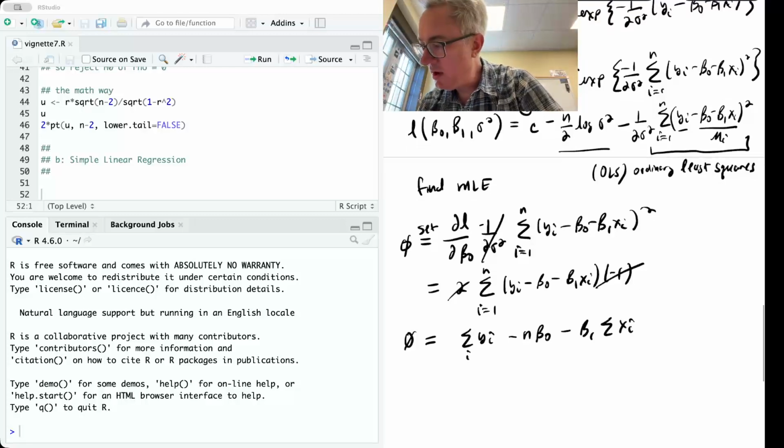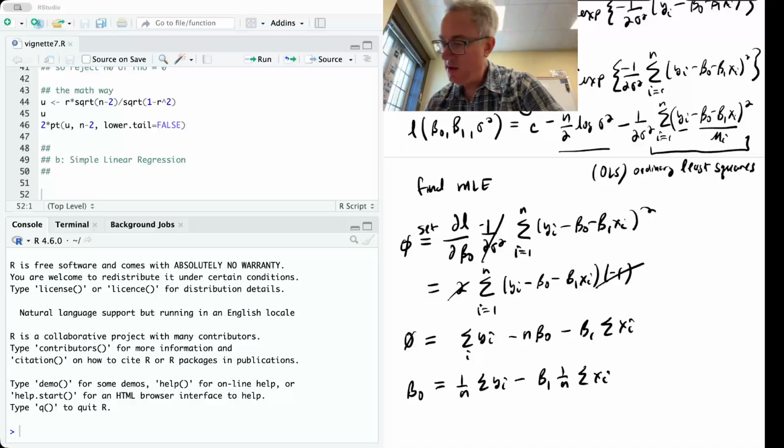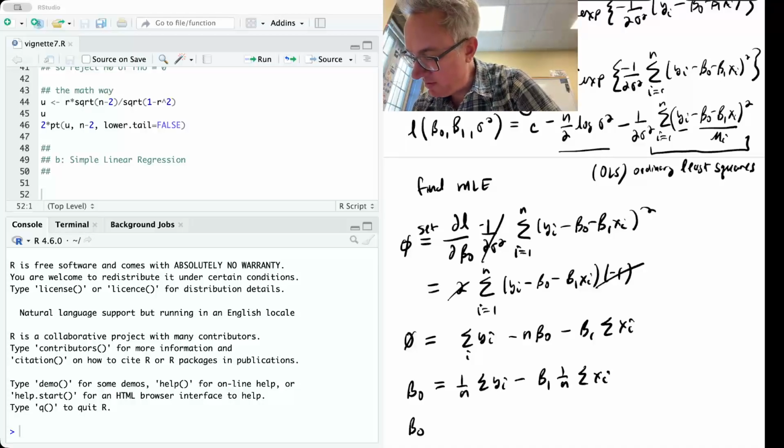And then I can move beta naught onto the left side and then divide by n on both sides. And I'm going to get 1 over n sum of y i minus beta 1 over n sum of x i. And then I can rewrite that as y bar minus beta 1 x bar.